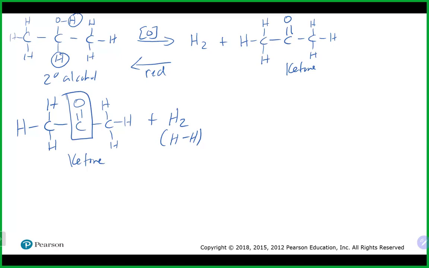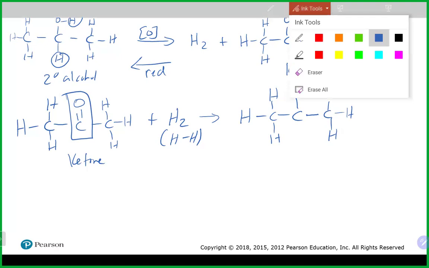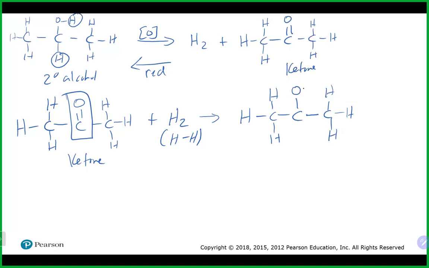So all you're going to do, again, is copy what you got there. We're going to make our adjustments so we now have room for the guys coming in. So we're going to get rid of a bond. And now, just like we did on the previous one, we're going to add a hydrogen once again to two locations, to the oxygen and to the carbon in this case. This again gives us back our secondary alcohol.